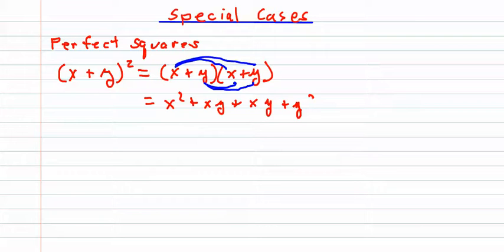If I combine these two like terms, I have x squared plus 2xy plus y squared.